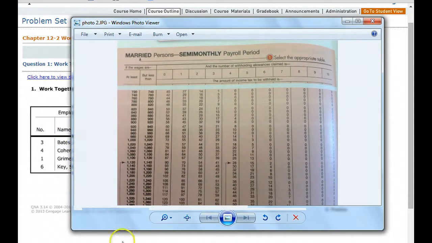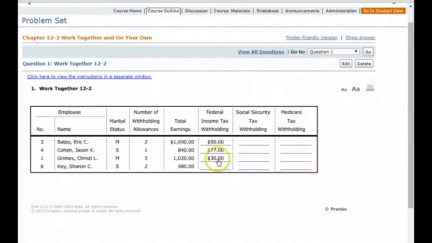So we want to find where $1,020 is. Is it at least $1,020? Absolutely. Is it less than 1040? Absolutely. And then she has 3 allowances, so we're going to go all the way across, and right here, $31 is how much we're going to take out of her paycheck. So we'll put it right here. I accidentally put 30, so it's $31.